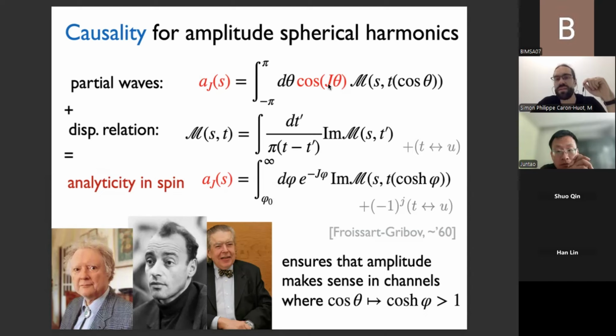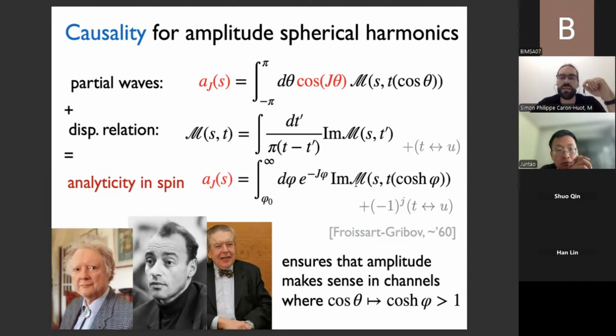And somehow in this relation, the cosine, which was the spherical harmonics on a circle, got replaced by its Lorentz inversion, which is a decaying exponential instead of cosine. So this formula was discovered in the 60s by Froissart and Gribov. It's a cornerstone of Regge theory.